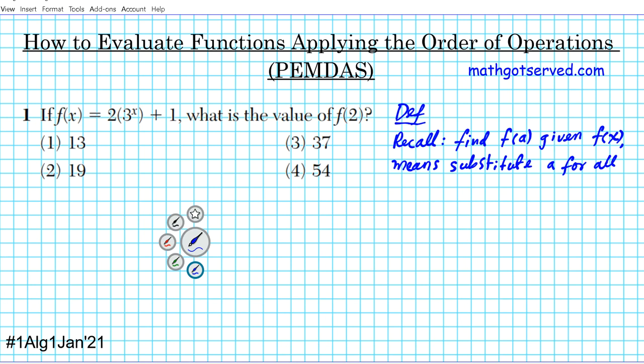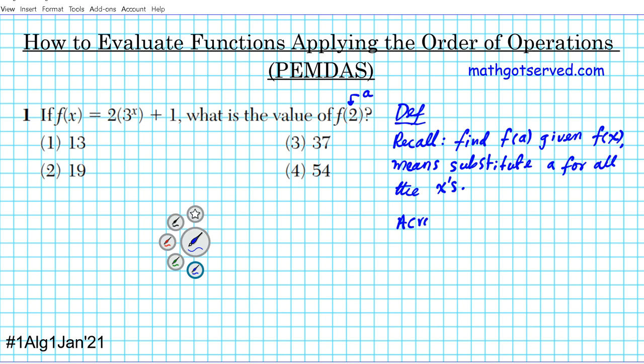That's simply what it means, okay? So whatever that a value is, you replace it with all the x's in your function. In this particular problem, upon substitution of our a value, namely 2, into the function f of x, we're going to have to use the order of operations, okay?